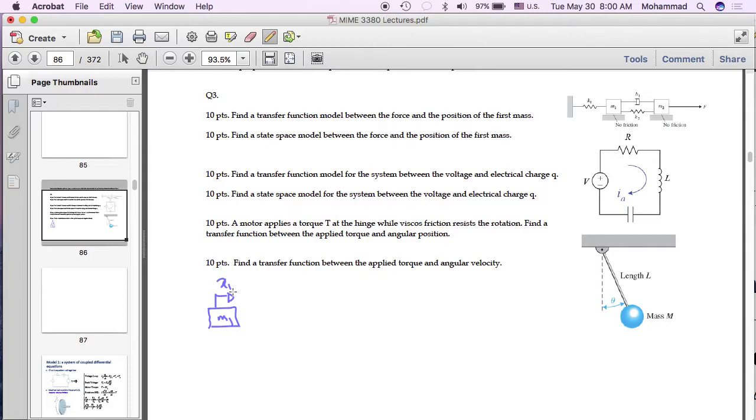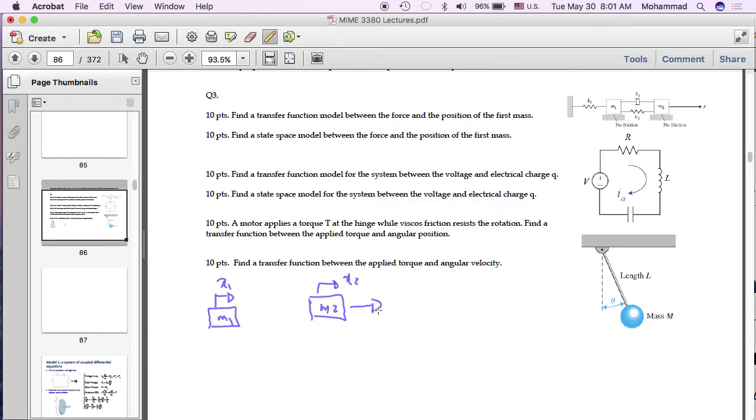So x1 is not 0 when the mass hits the wall. It's not the distance between the mass and the wall. It's the deviation from the equilibrium position. That's important to know. So that's x1, and mass 2's displacement or deviation from equilibrium is shown with this variable x2.